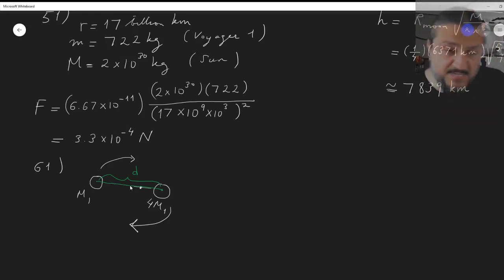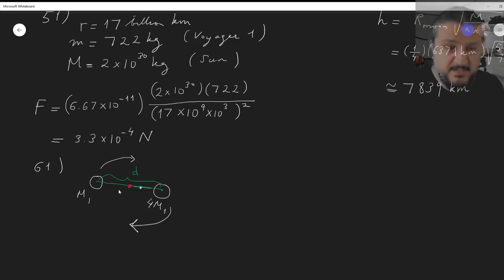Okay, so is there any point along that green line? Such a point, if you place a test mass, like a spaceship there, it will be attracted by both stars, but the force would be equal on each side, so it will be canceling each other. That's pretty much what they're asking, okay? So let's do that. Let's place a test mass over here in between.